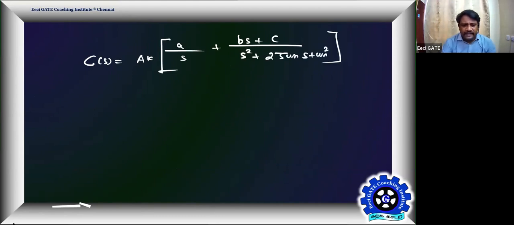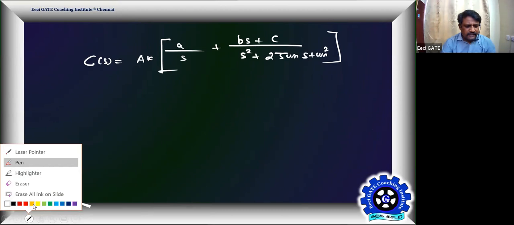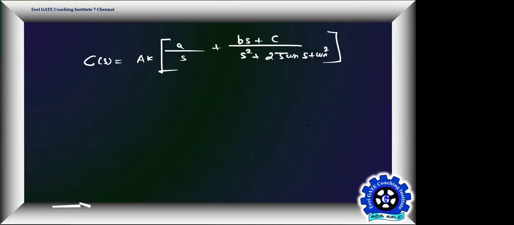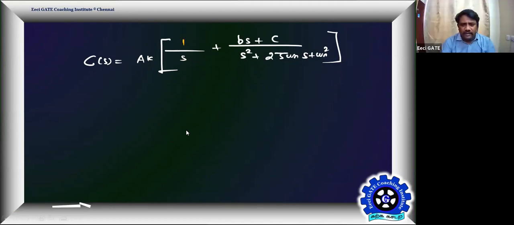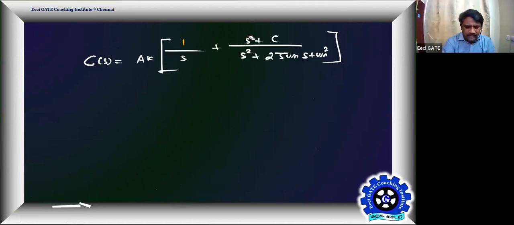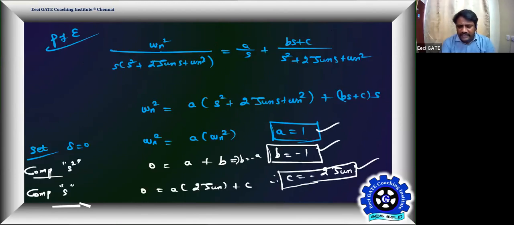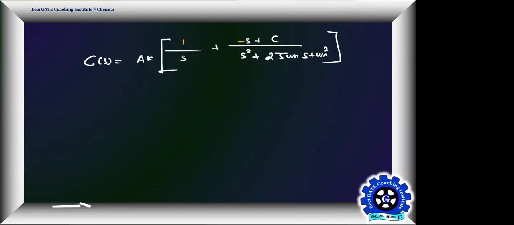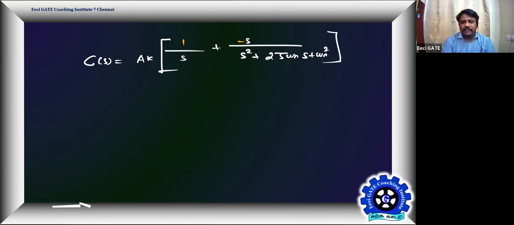Tell me, what is A? 1. So replace A by 1. B is replaced by minus 1, so minus s, shortly. Then C is replaced by minus 2 zeta omega n. Agree everyone? Easy?